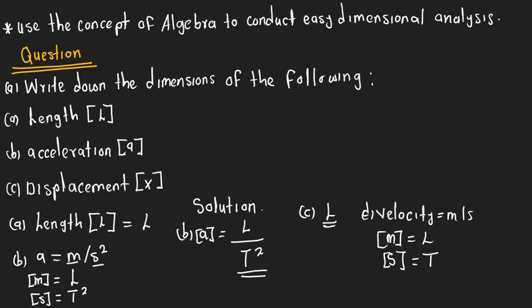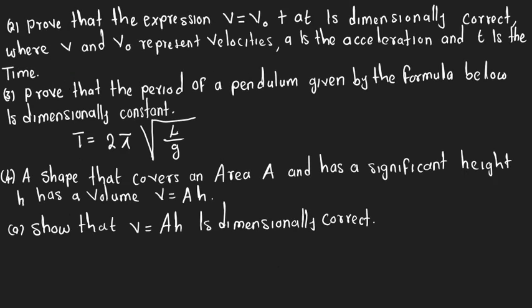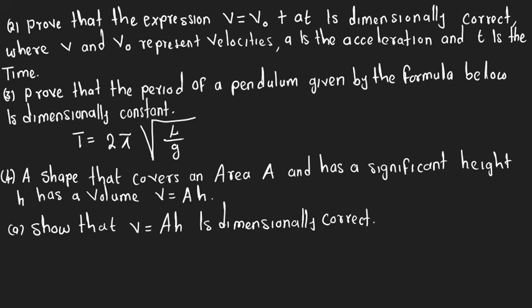Henceforth, velocity, in terms of finding its dimensions, where there is the meter, I'm going to put my L, and where there is the second, I'll put my T. So, in other words, if you just remove the power 2, you found the dimensions of length. That was very, very simple. The whole essence of dimensional analysis is to prove that a particular formula that you are dealing with holds. Okay? That is the whole essence of dimensional analysis.